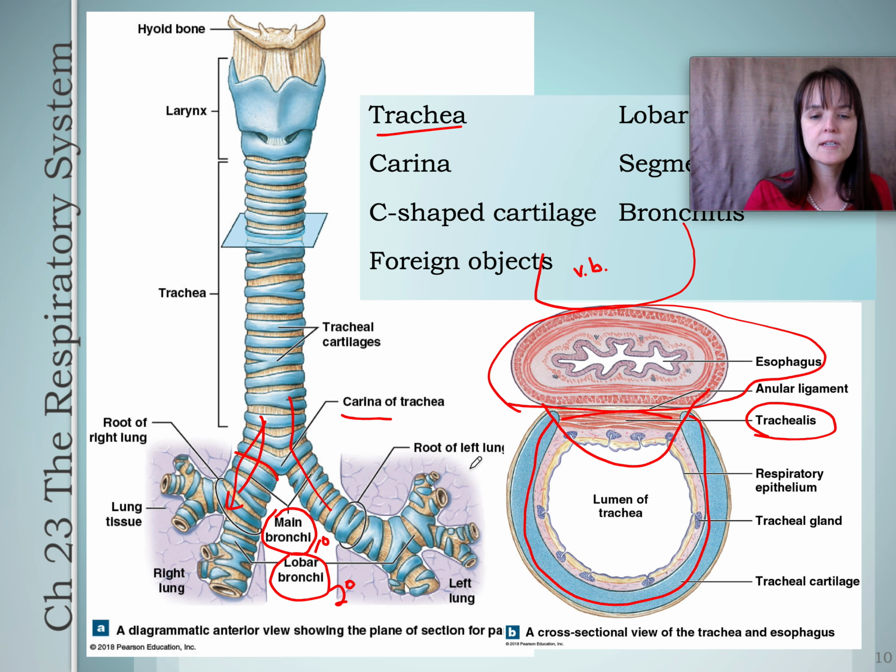So the left lung is slightly smaller than the right lung, and the left lung only has 2 lobes, whereas the right lung has 3. And we will name those lobes and the lines that separate them, lecture and lab.